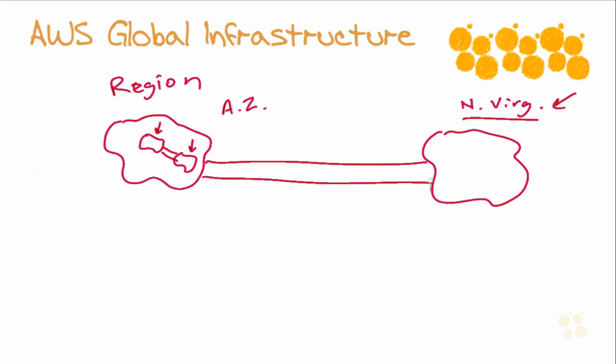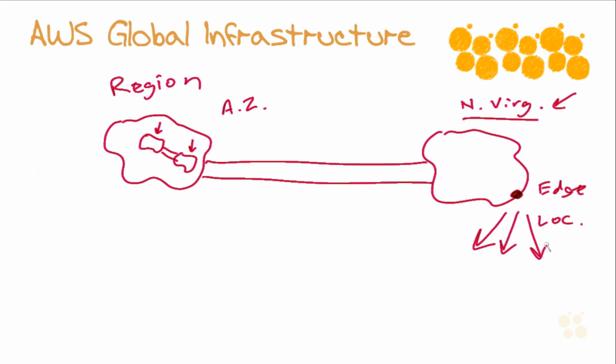Now, something else that we have, in addition to regions and availability zones, is we have edge locations. So let me label that edge locations. And what these are for is delivering content out to the users that are near that region, or they could be all the way across the globe, but ideally they're fairly close to that region.